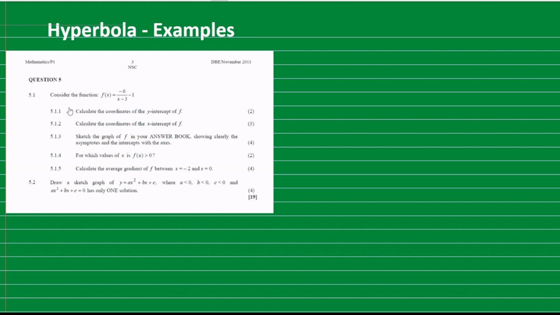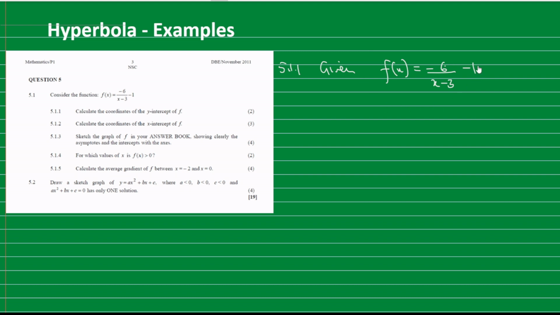Now this is a typical example of a question that we are given. Consider the function f of x is equal to negative 6 over x minus 3 minus 1. This is question 5.1.1.